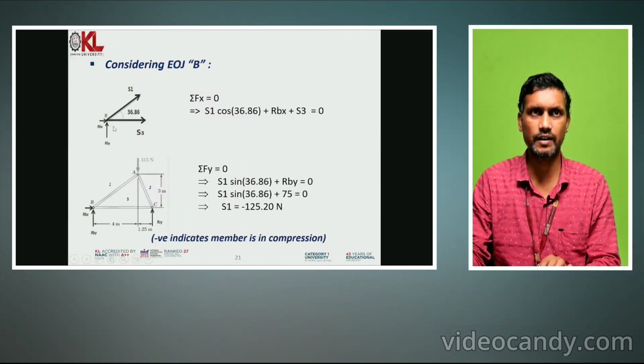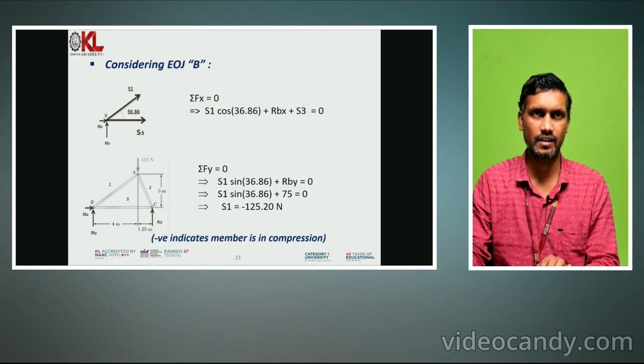After that, we will take one joint. First, we have taken joint B. When we took joint B, what will happen? Rbx is acting, Rby is acting, means the reaction force at point B in x direction and in y direction. Next, force in member AB S1, force in member BC S3.